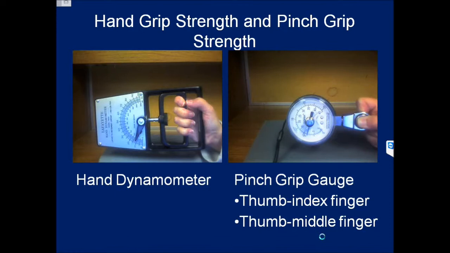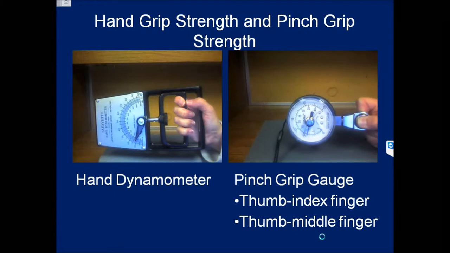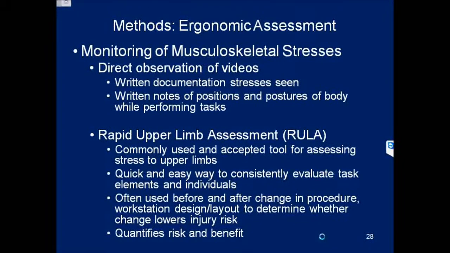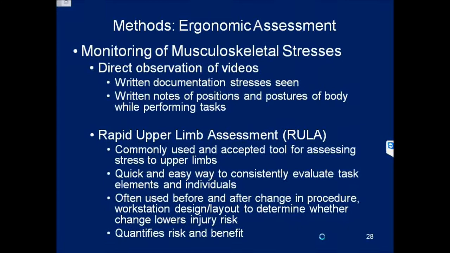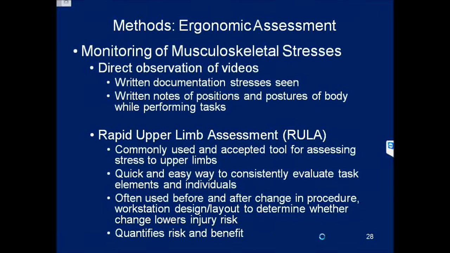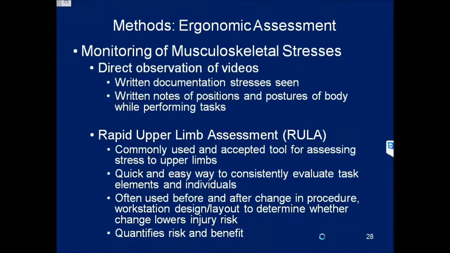It's very quick and easy, and it's pretty easy to learn. And it's often been used as a good tool that you can use before, and then you can use it after an assessment, after you've made changes in a procedure, to see if it lowers your injury risk.